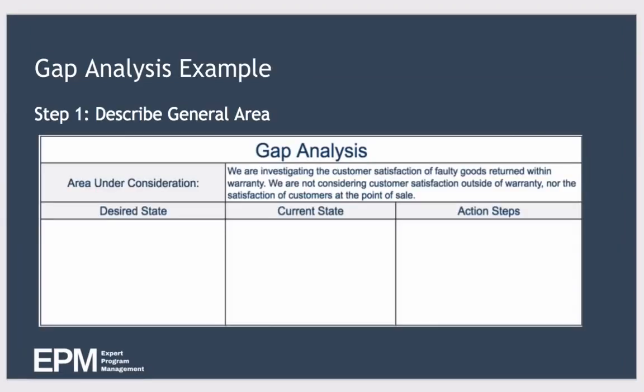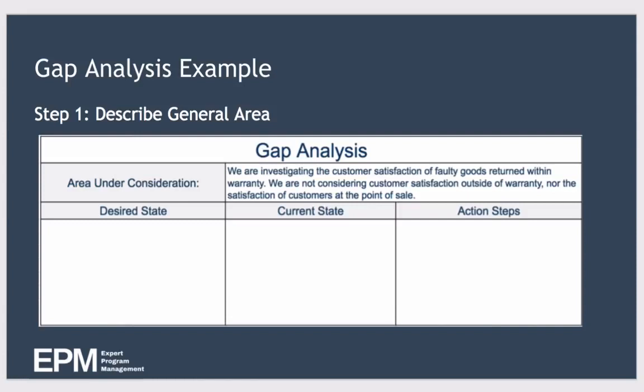So let's look at a simple example to bring this to life. For the purpose of this example, suppose we work for an electronics company and we're investigating the customer satisfaction of customers who return faulty equipment to us within warranty for repair. Now, the first step is to describe the general area we are investigating.